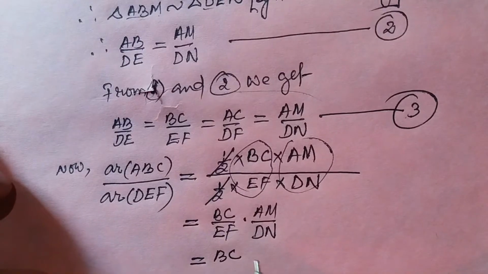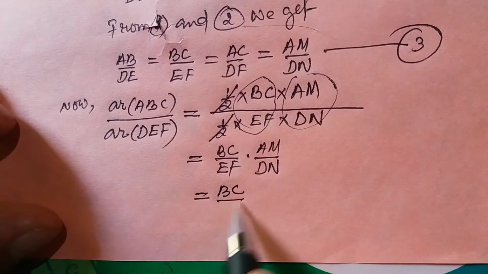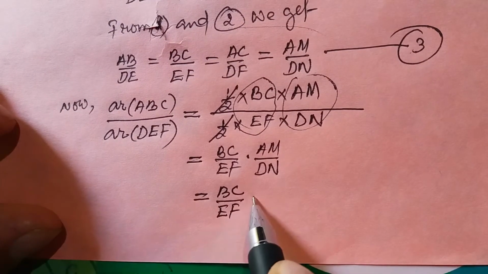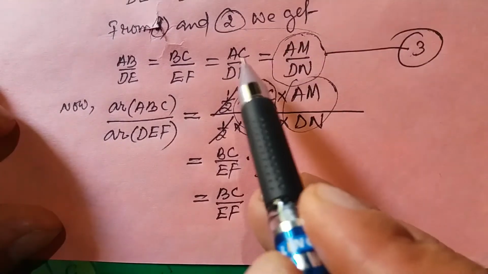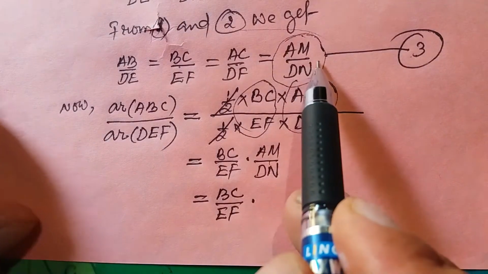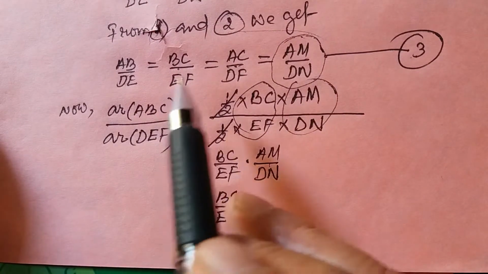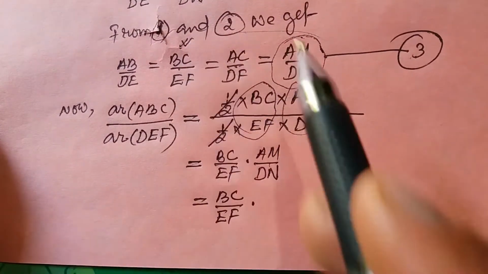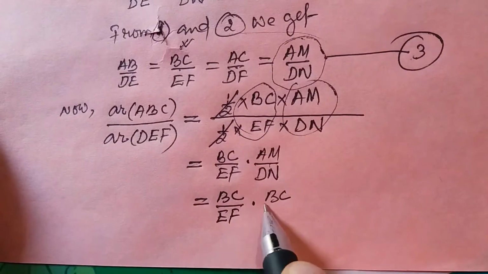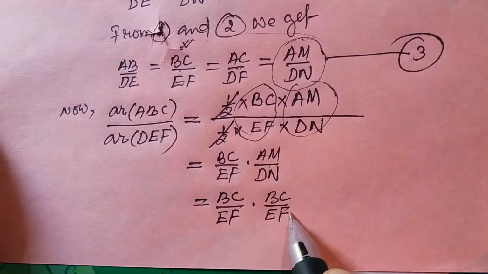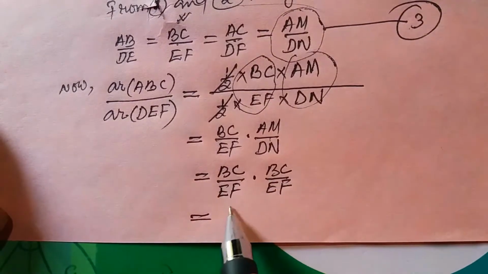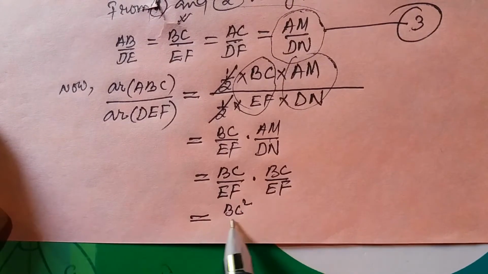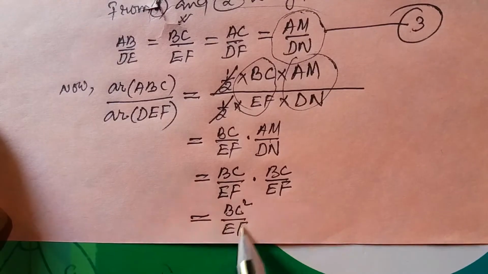BC by EF into AM by DN. So in place of this AM by DN, we can write any of these because all these are equal. So we're going to write here BC by EF. Now BC into BC is BC square by EF square.